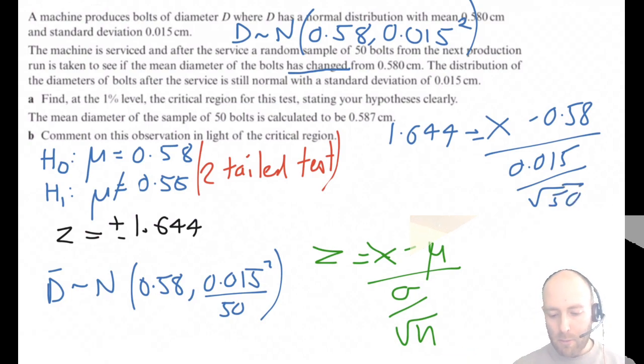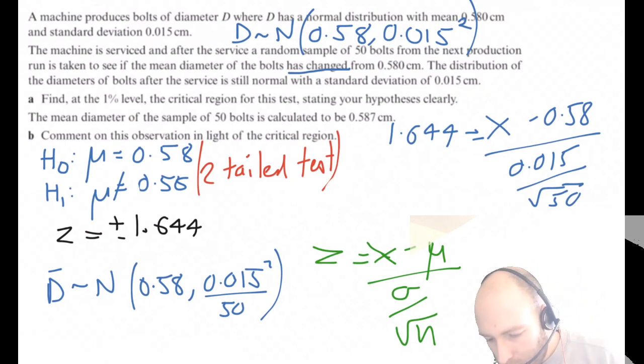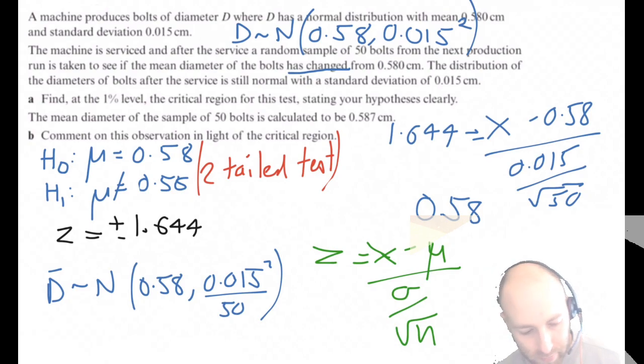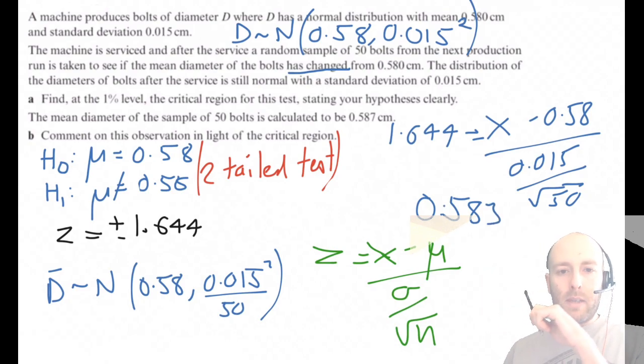So if you get a calculator out, we can now solve that. So 0.015 divided by root 50 times by 1.644 plus 0.58. And we get an upper D value of 0.583. So slightly more than our mean.